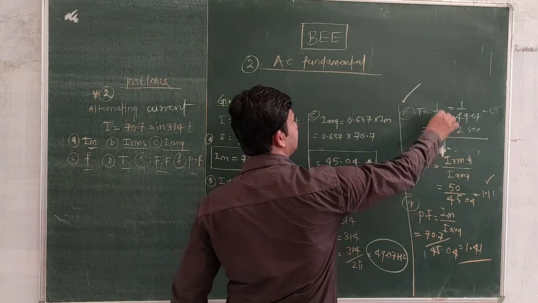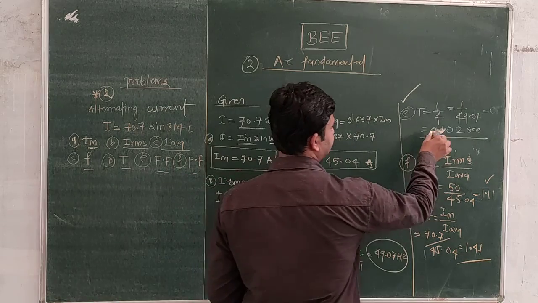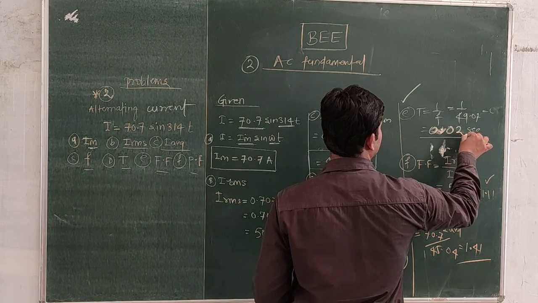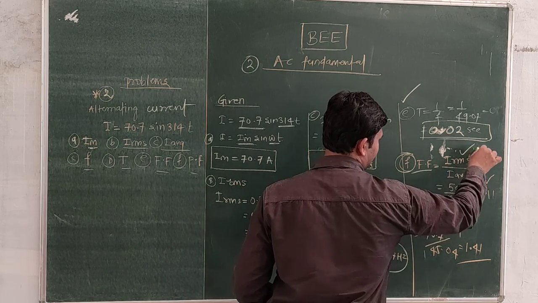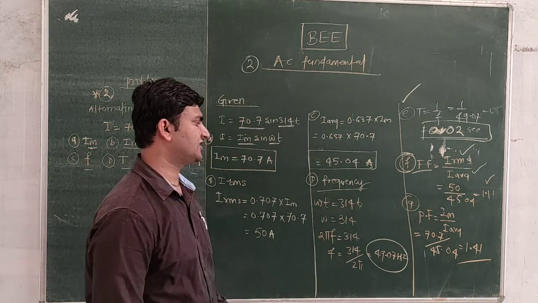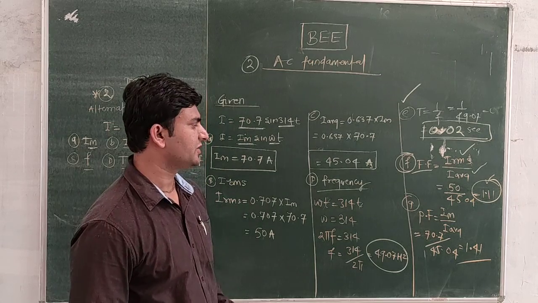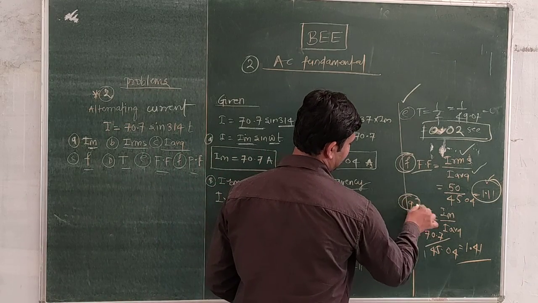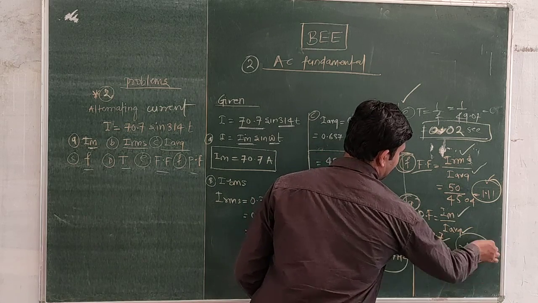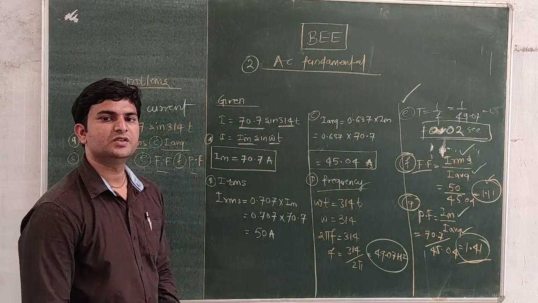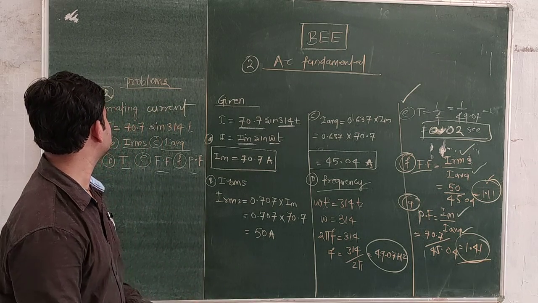Then we calculated the time period, 1 upon frequency, which is 0.02 seconds. The form factor is the ratio of RMS value to the average value, which is 1.11. And lastly we calculated the peak factor, the maximum value upon the average value, which is 1.41.